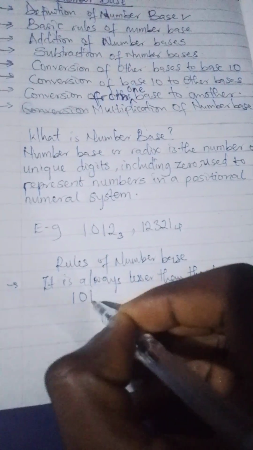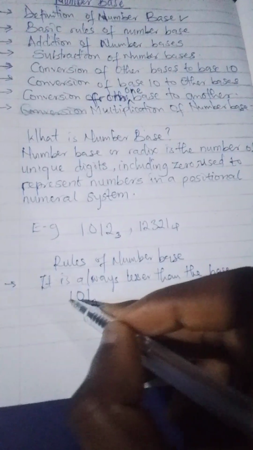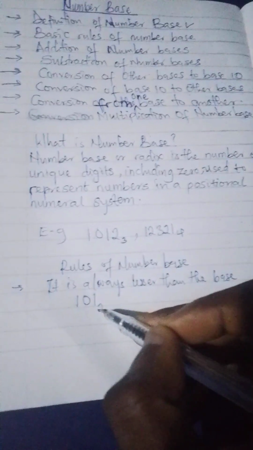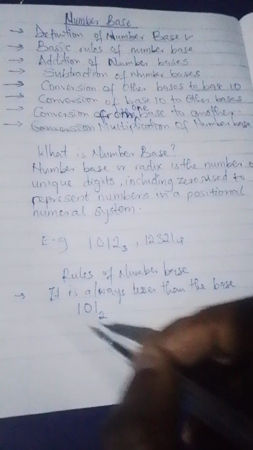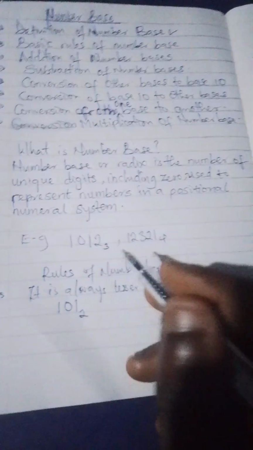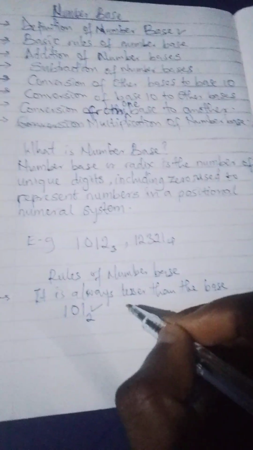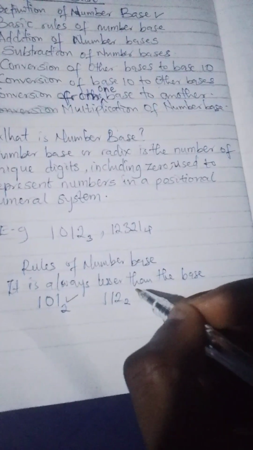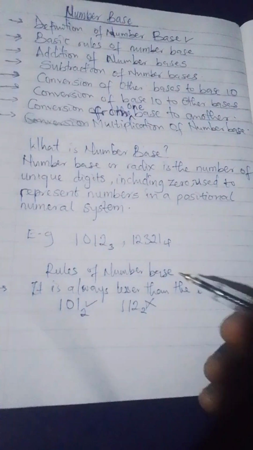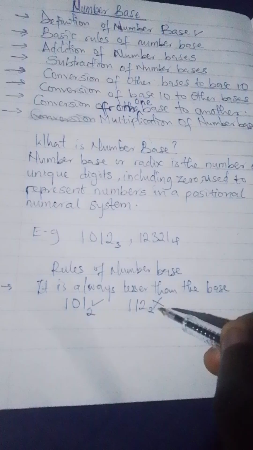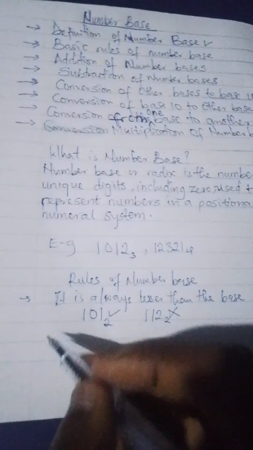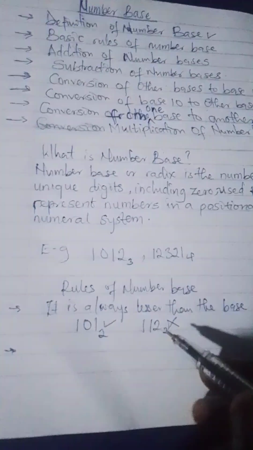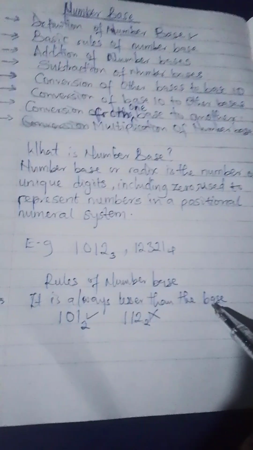So for instance, if I have 101 base 2, you can see 0 and 1 are lesser than 2. So this is a correct number base. But if I have 112 base 2, this is wrong, because the rule never said that a digit can also be equal to the base. So that's rule number 1.